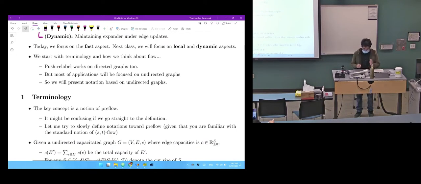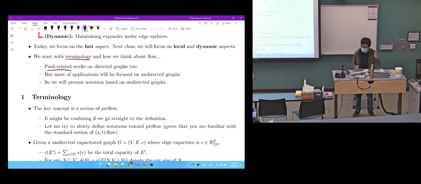To talk about push-relabel, I really need to tell you about some terminology and how we think about flow, because it's quite different from the s-t flow terminology that you have seen in a basic algorithms class. By the way, this framework will work in directed graphs too.